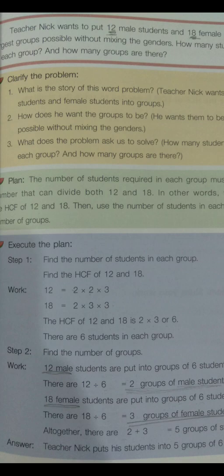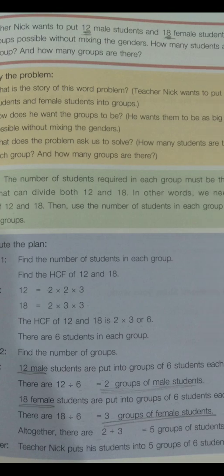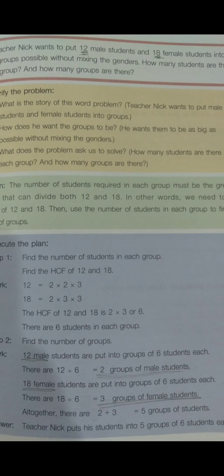Okay, step 2, find the number of groups. The 12 male students are put into groups of 6 students each. There are 12 divided by 6 equals 2 groups of male students. And then the 18 female students are put into groups of 6 students each.